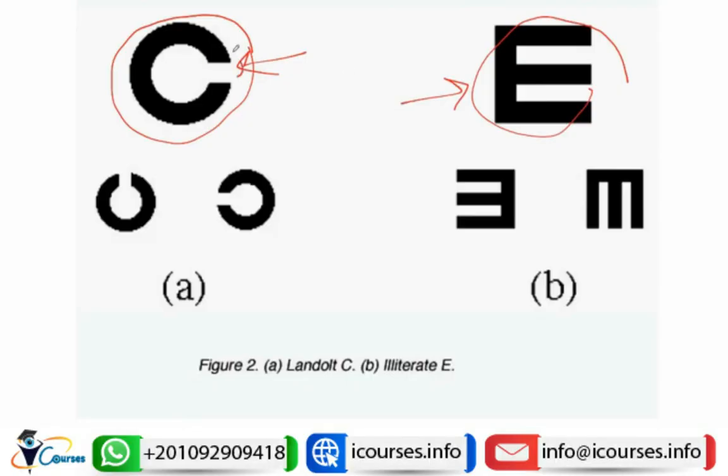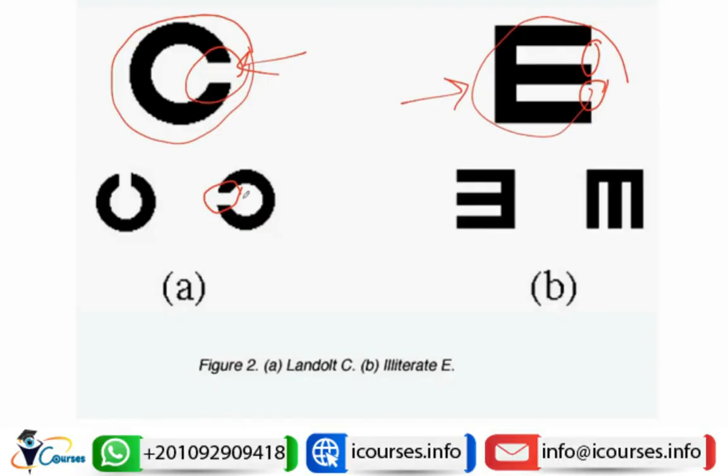Each one of them has a gap like this, and here is a gap like this and like this. By asking the patient where the gap is, you can tell what the visual acuity is, because this gap is constructed to make an angle of 1 minute of arc at the nodal point, and then this patient will be seeing 6/6, the perfect vision.